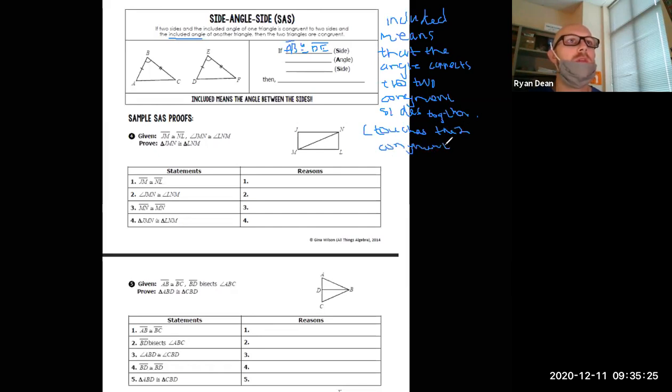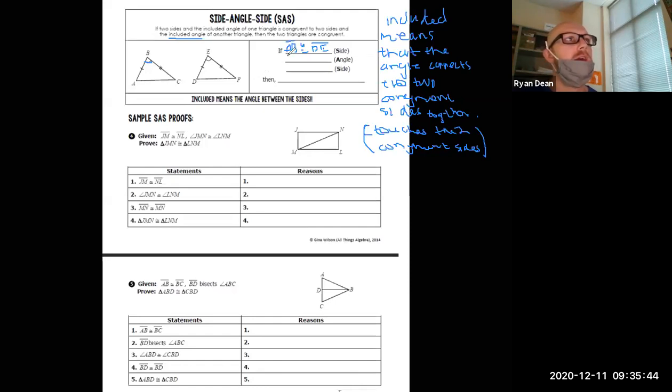However you want to think about it, whatever makes it easiest for you, it's fine. But if you hear me say the word included, this is what we are referring to.